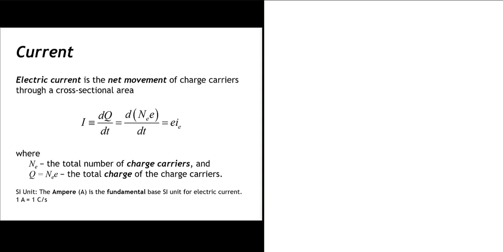Here is a subtle distinction in words: electric current as opposed to electron current. Electric current is the net movement of charge carriers through a cross-sectional area, and that's defined as the time rate of change of charge. Remember, if we have a total charge equal to n times the value of the charge of the carrier, we're going to define current to be the time rate of change of the total charge.